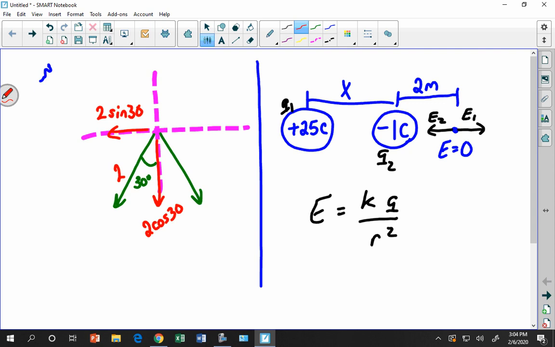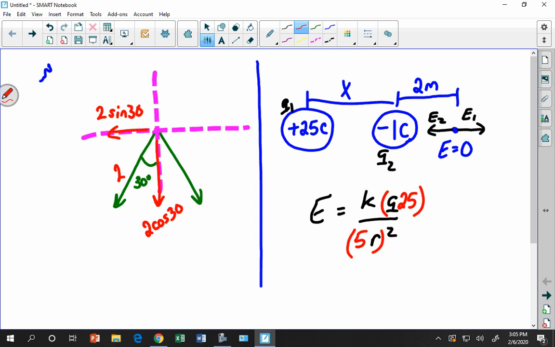Now, the 25 coulomb charge is 25 times the 1 coulomb charge, right? So what must the distance be? How much further away should it be in order to give the same electric field? 5 is right. It needs to be 5 times as far away.